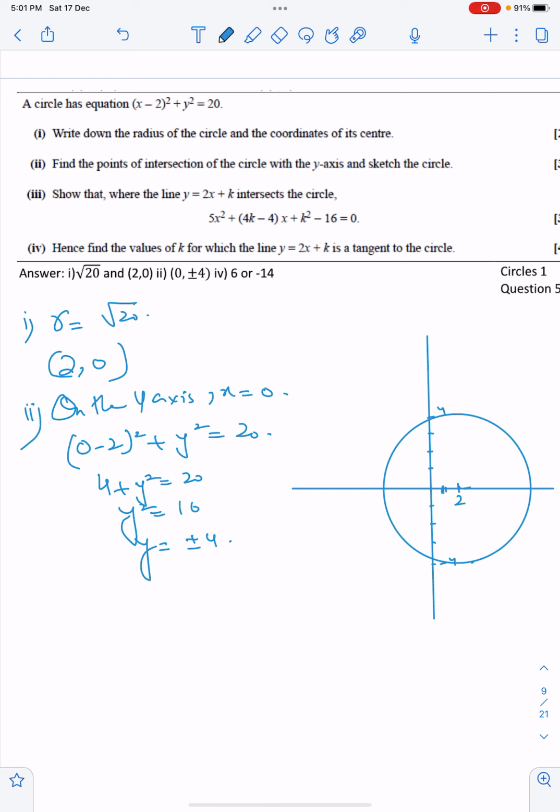This is 2. This is the circle. The center is also evident here, (2, 0), and these are the two y-intercepts.